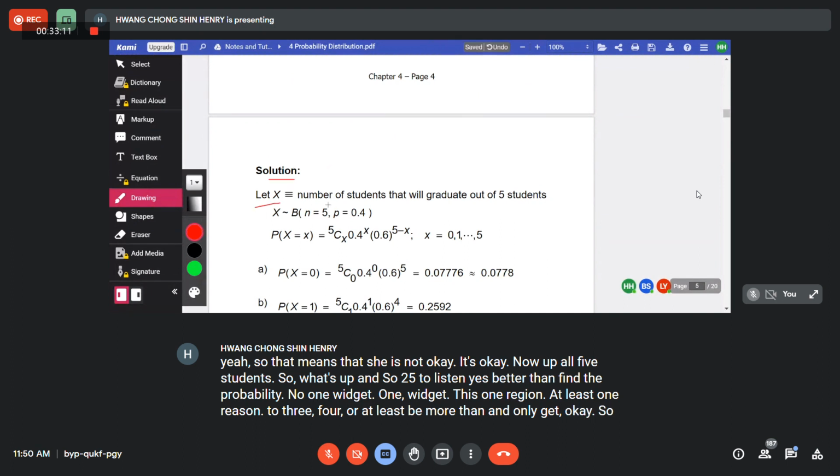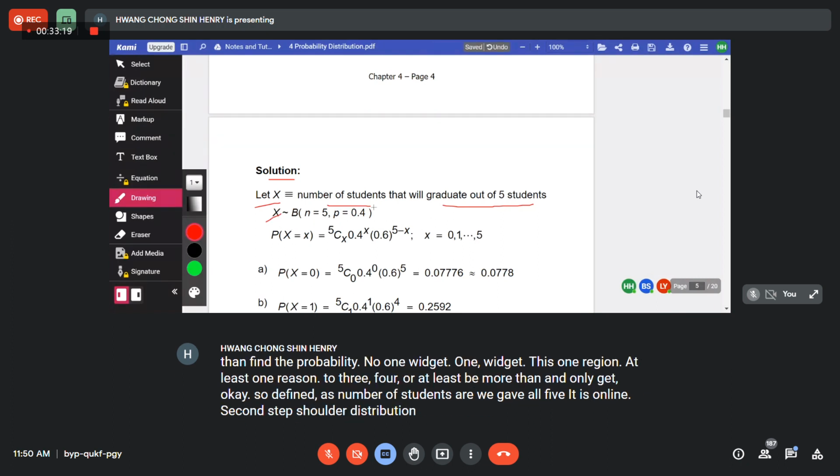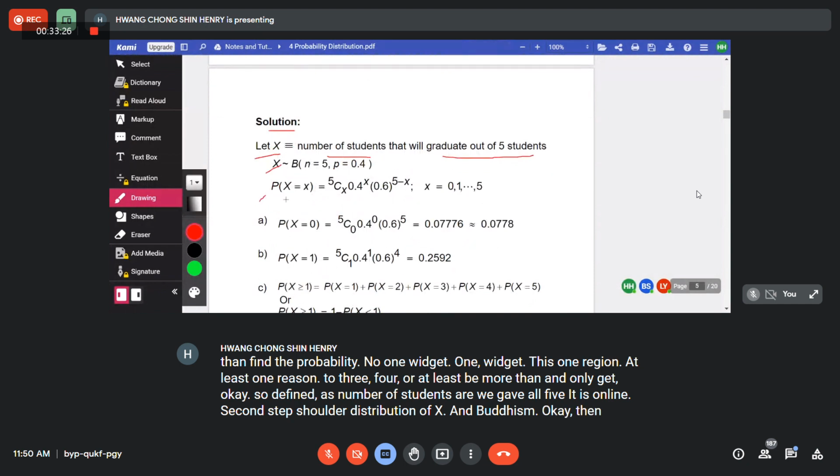Define X: number of students who graduate out of 5. That is 1 mark. Second step, show the distribution of X. Remember this one? Then third step, write down the formula.